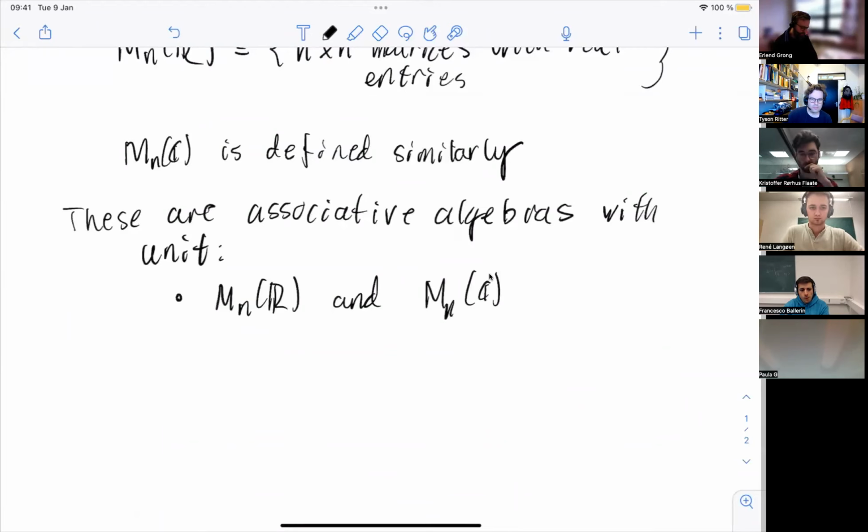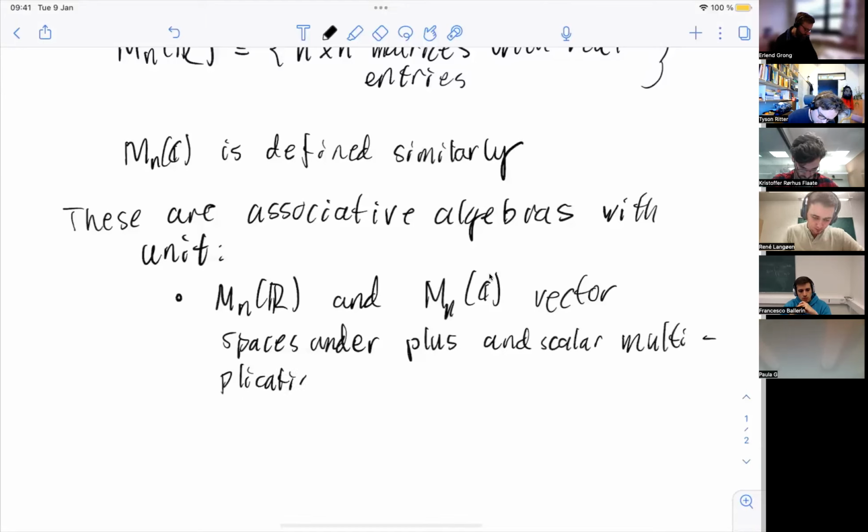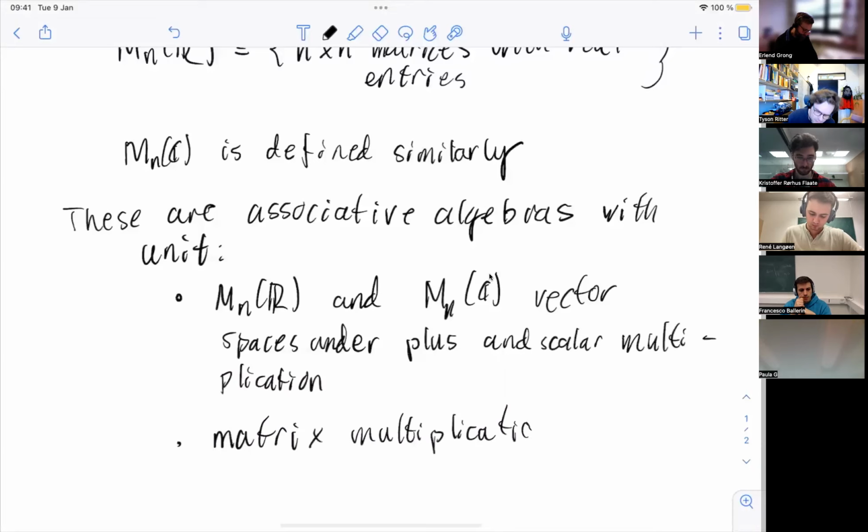So these are associative algebras in that they are vector spaces under plus and scalar multiplication, and that matrix multiplication is associative.